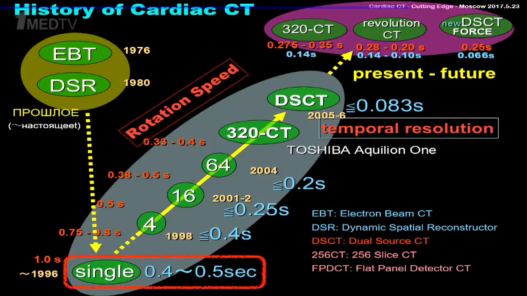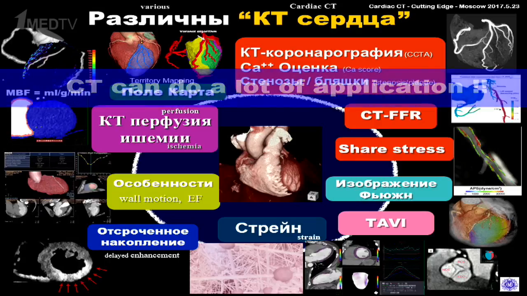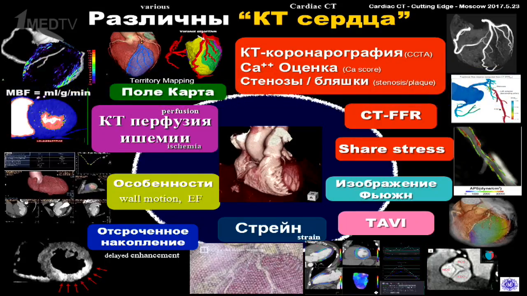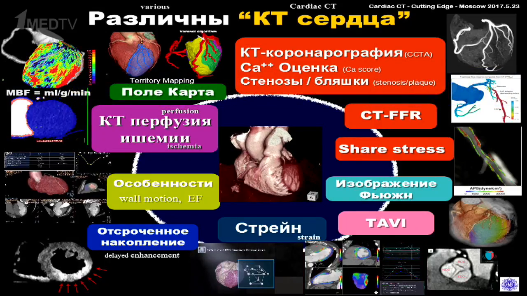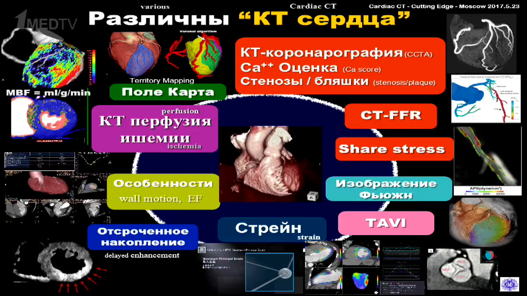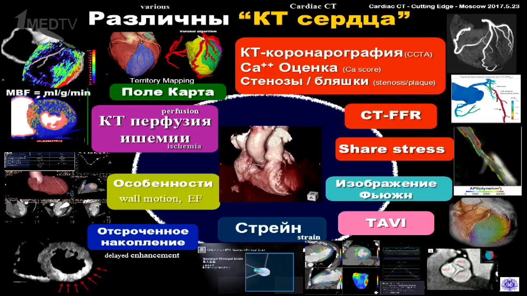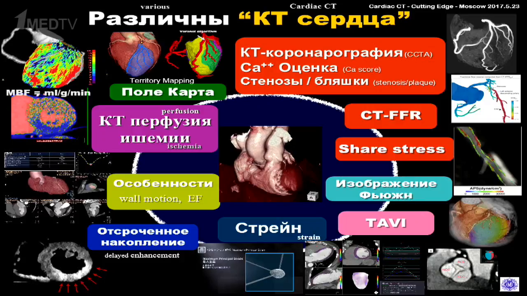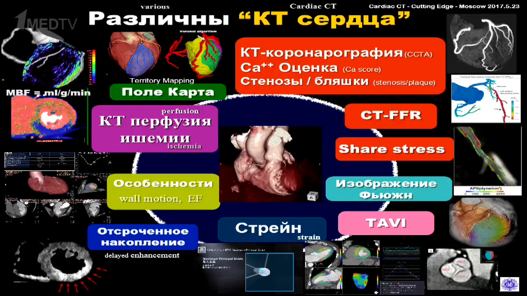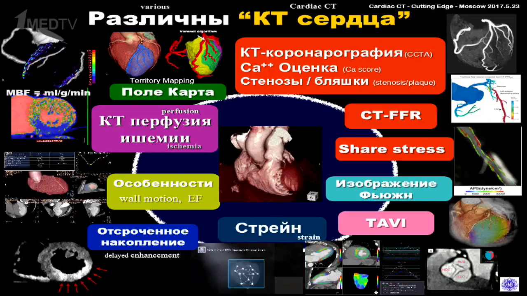So along with the development of the CT, it can do a lot of applications. CT can do all of these applications, not just coronary CT angiography: CT-FFR, plaque shear stress, image fusion of coronary artery to the perfusion or function, TAVI, and the cardiac function, strain.